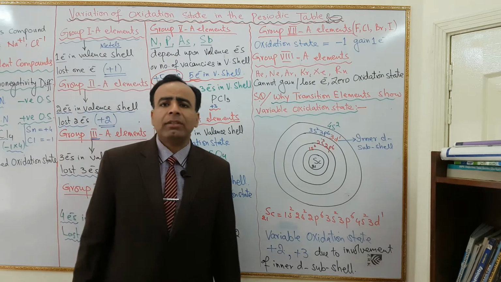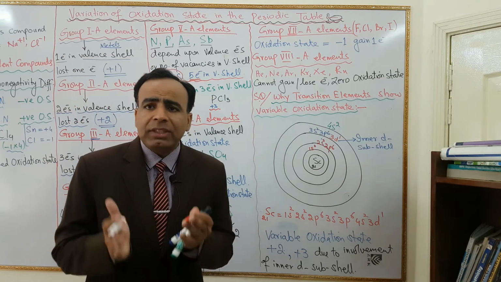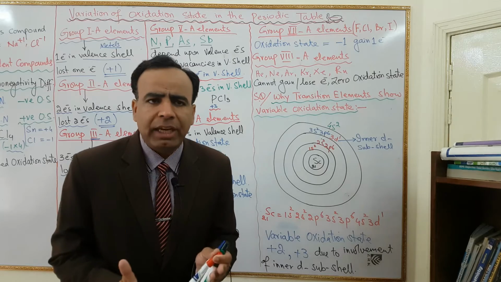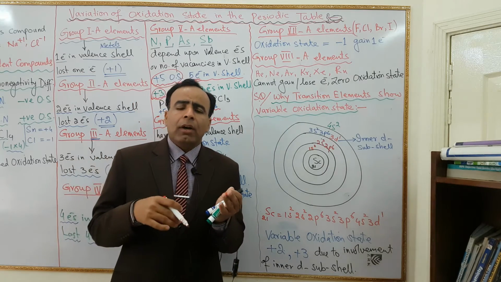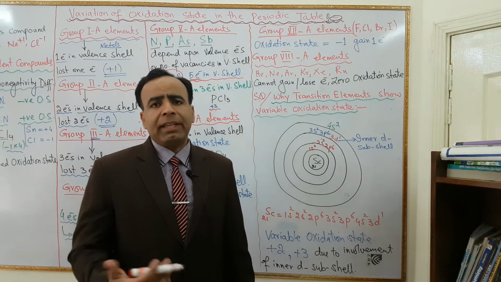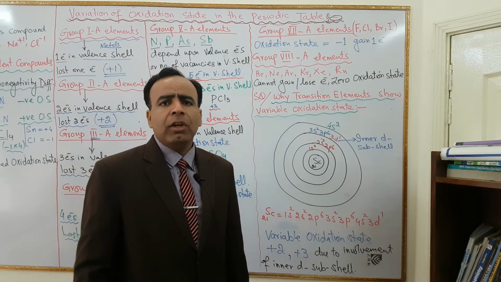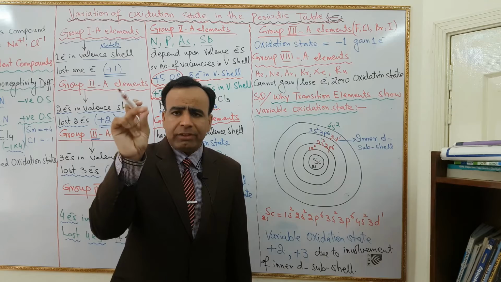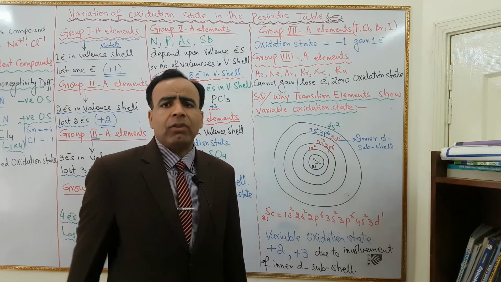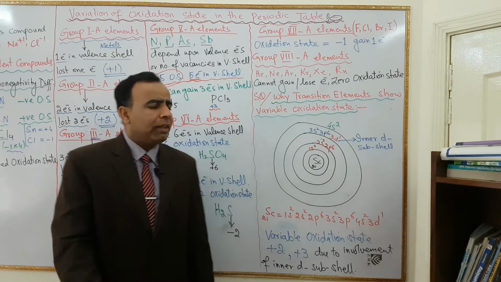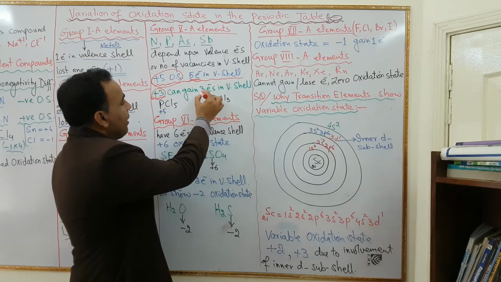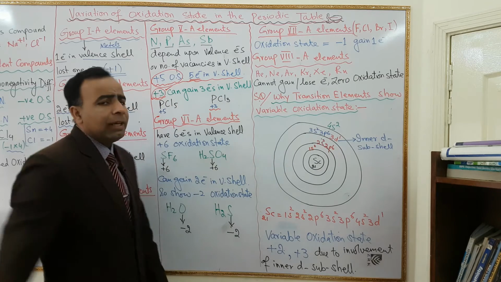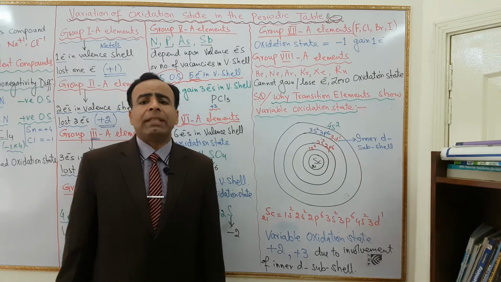Why? Because of the number of vacancies available in the valence shell. In the octet rule, there are 8 electrons in the valence shell, so there are 3 vacant spaces available for electrons, so their oxidation state will be +3.